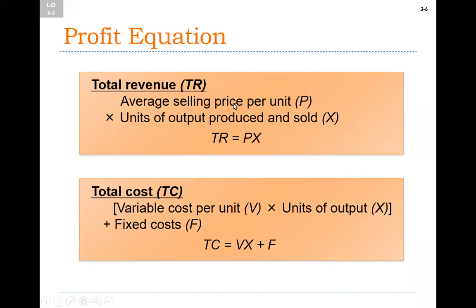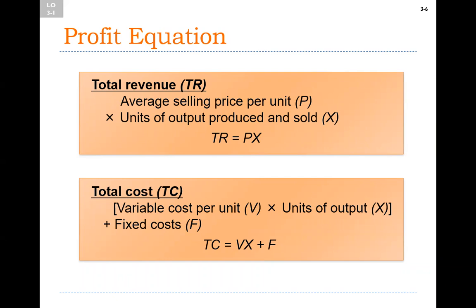So in looking at revenue, we can find a formula for revenue by taking the selling price times the number of units produced and sold. And for costs, keep in mind that costs have two components, variable and fixed. You received the foundation for this chapter in chapter 2 when we looked at the contribution margin income statement.